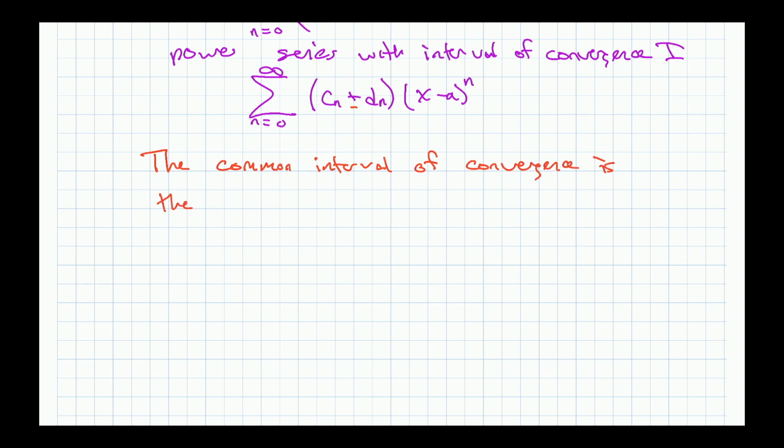Mathematically, it's called the intersection of the intervals of convergence for the two original series.